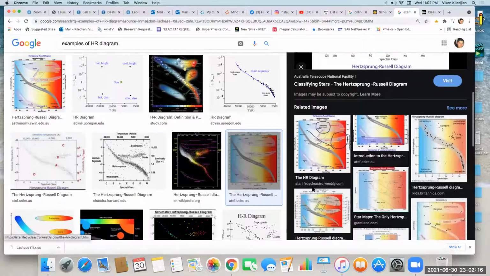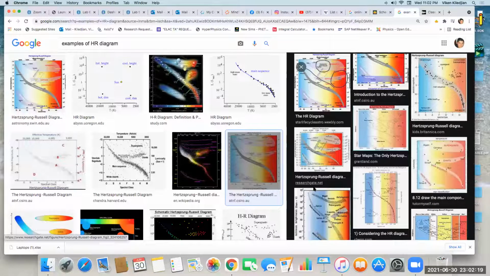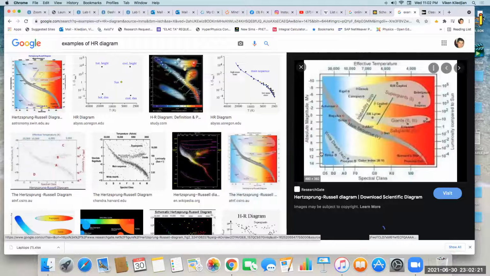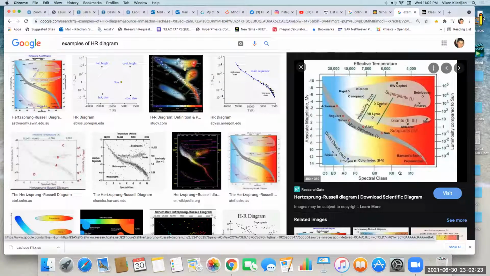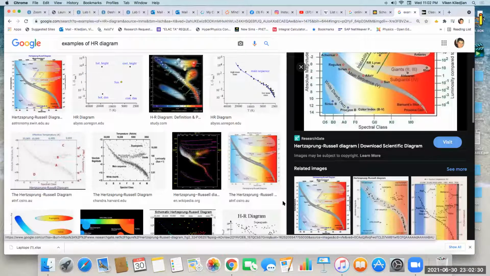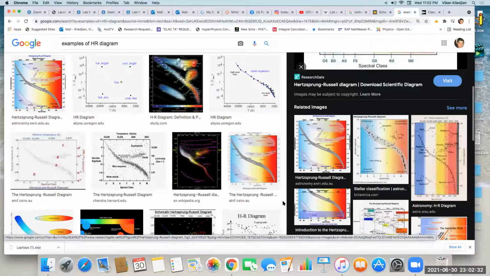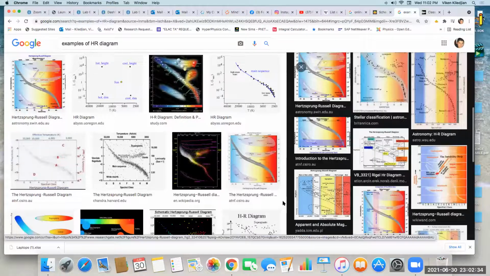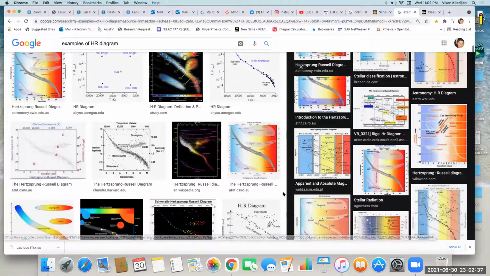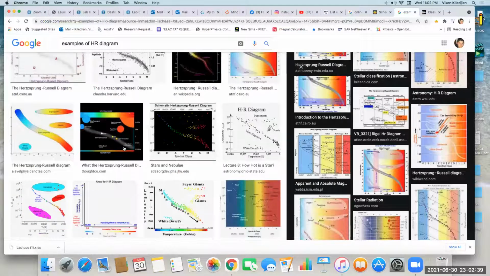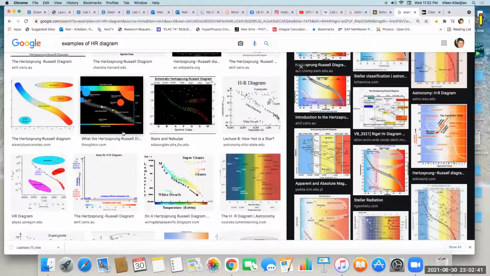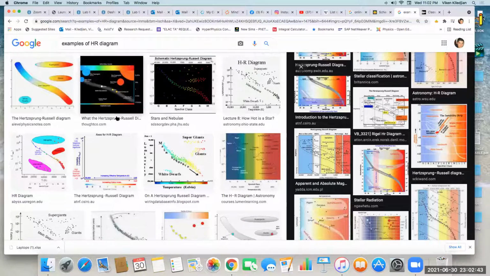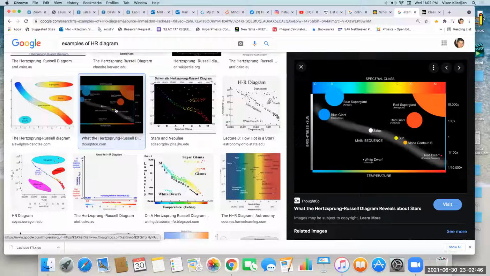Let's see here. I'm trying to find one with the color index showing. This one has the spectral types on the bottom and the temperatures on the top. Is there one with a color index showing? Well, no, it's still the spectral type.